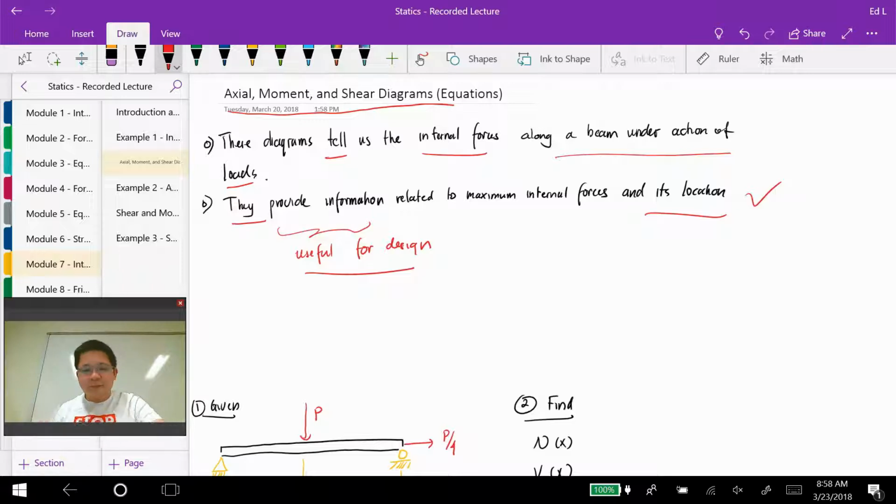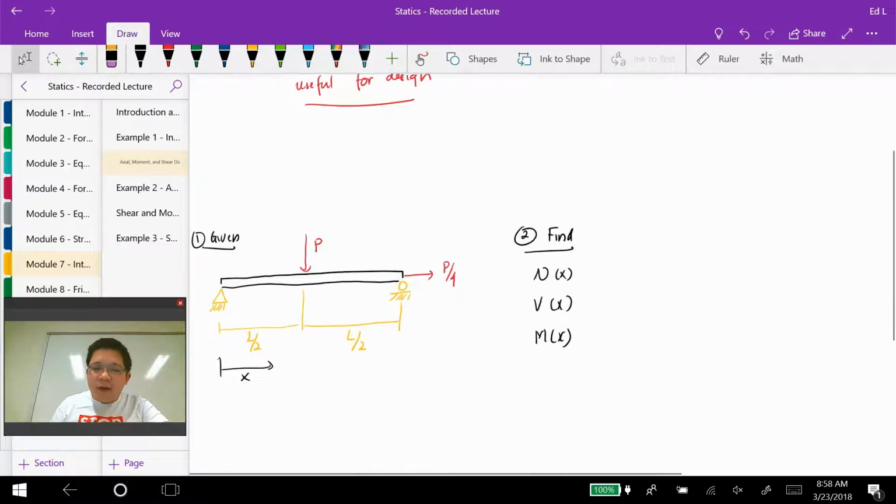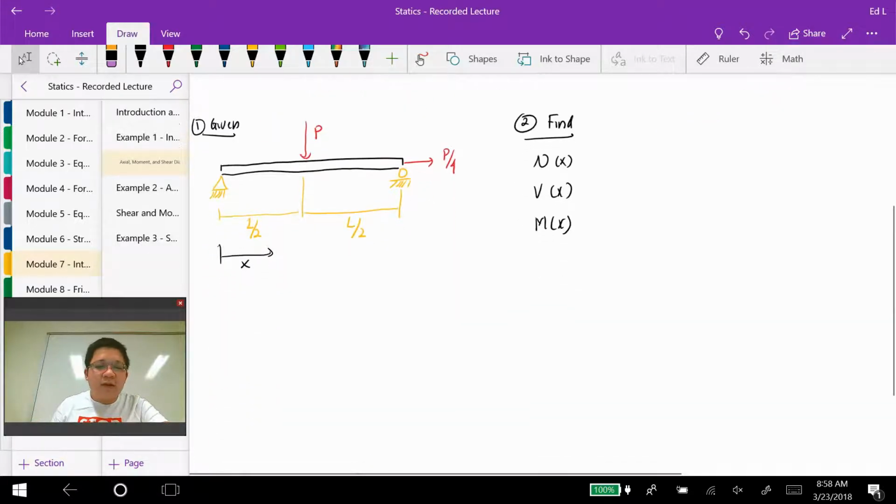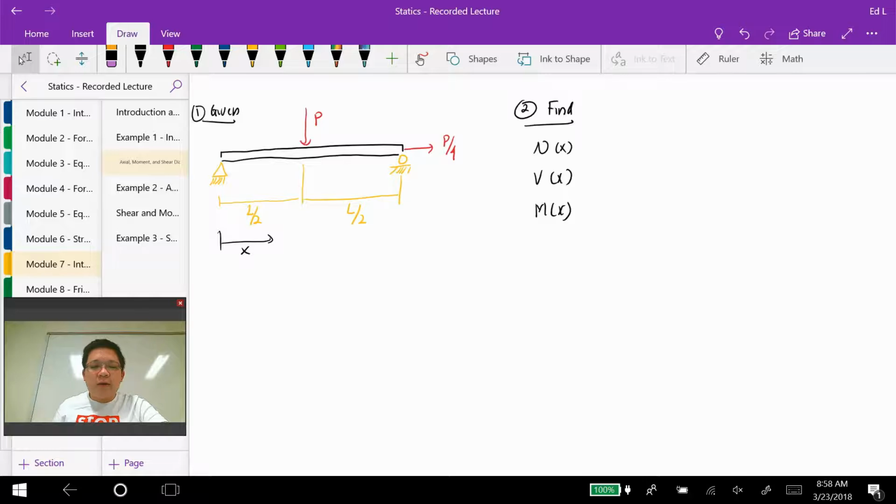Let's continue with one example problem, which is the same example that we discussed when we learned how to calculate internal forces at a specific location.